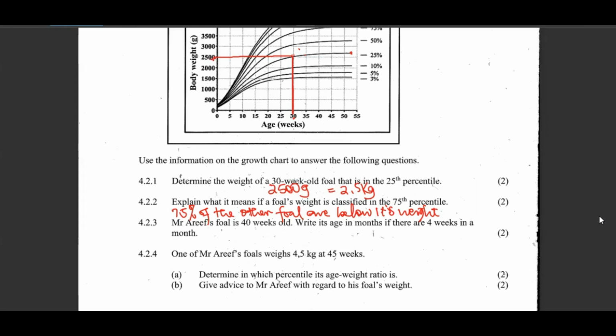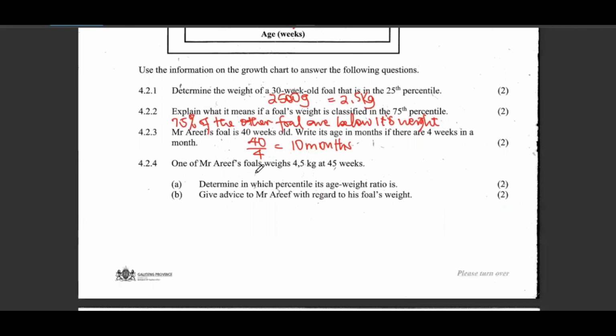For 40 weeks old, write down its age in months if there are 4 weeks in a month. So 40 divided by 4 is 10 months.